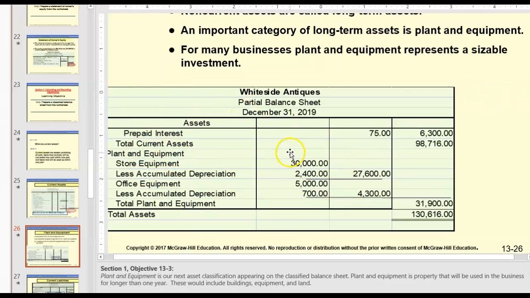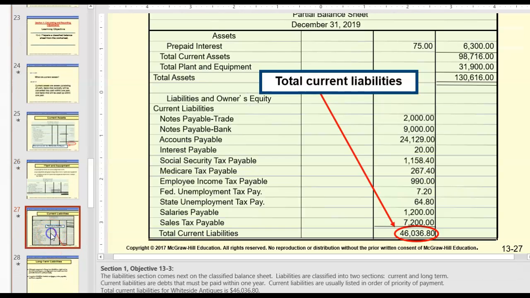So here's a little bit of a partial balance sheet. You'll have the plant and equipment, but this time you're going to have to write down all the accumulated depreciation next to each piece of equipment. Same with the liabilities. Liabilities almost look the same, except now you have notes payable, accounts payable, interest payable, Social Security payable, tax payable, unemployment tax payable, salary payable.